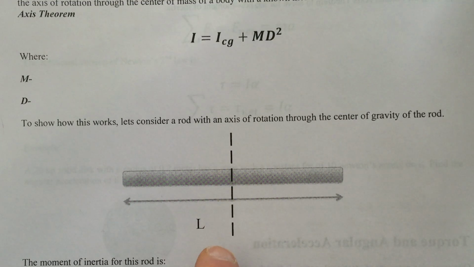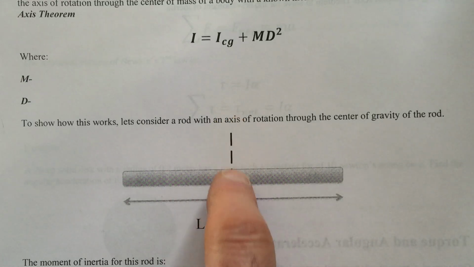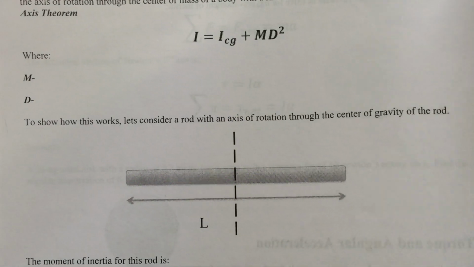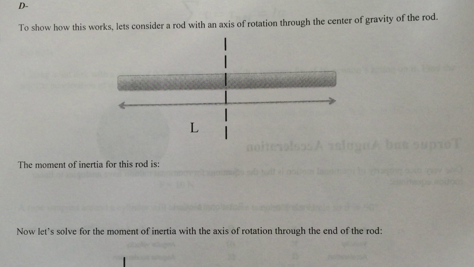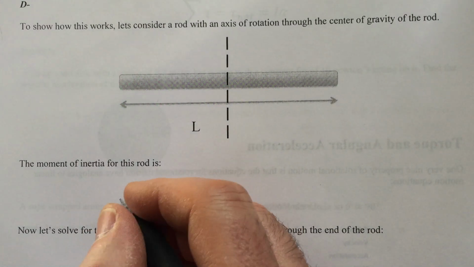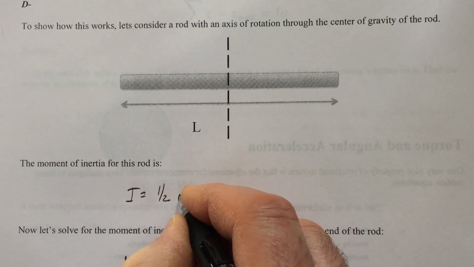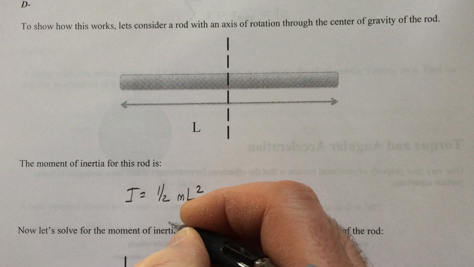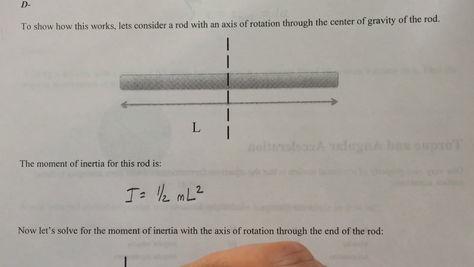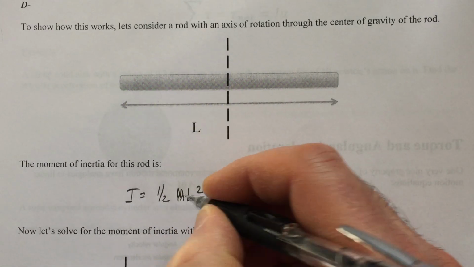Let's think about a rod, where you're going to have the axis of rotation right through the center of gravity. The moment of inertia for that rod is going to be equal to I equals 1/12 ML squared. And make that capital M because we're going to be calling this thing a mass of capital M.